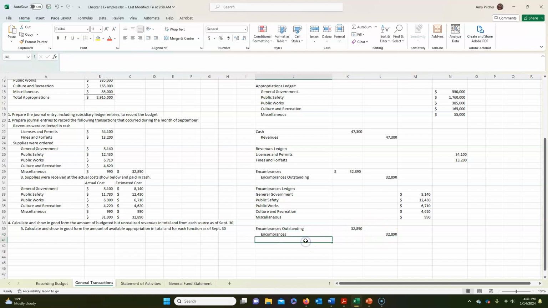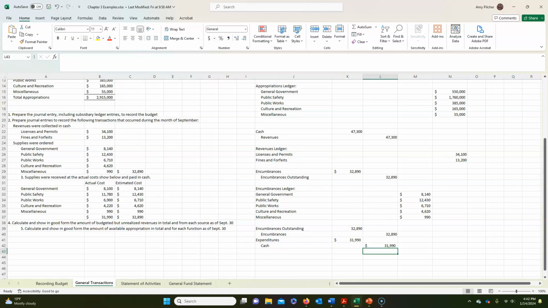And then we're going to record that we actually had expenditures and paid out cash in the amount of the total. So that total being $31,990. Easier to copy it over than to retype it again.